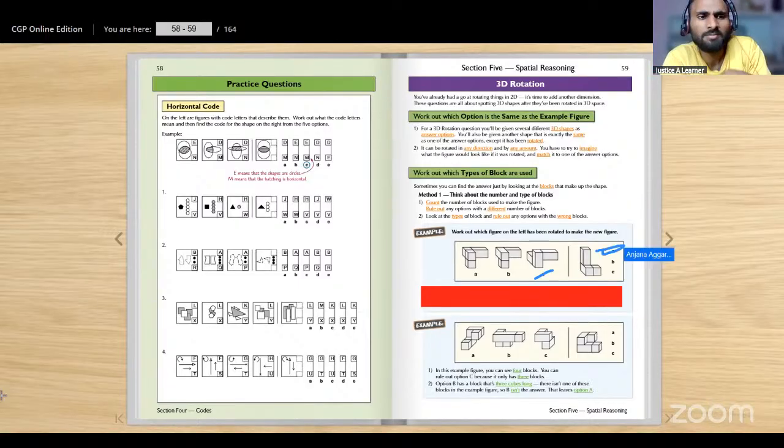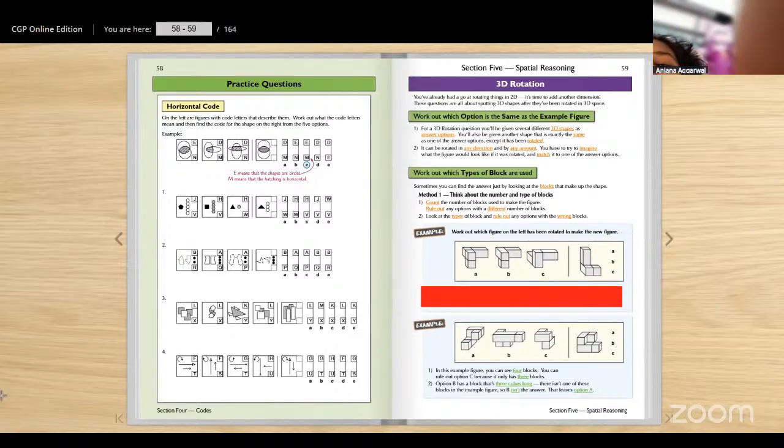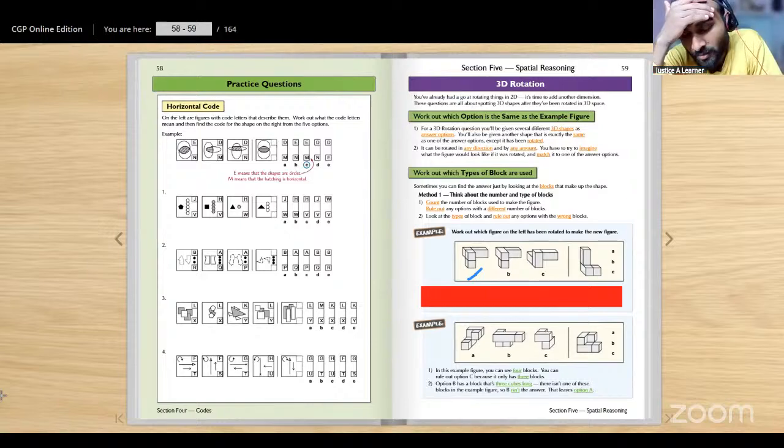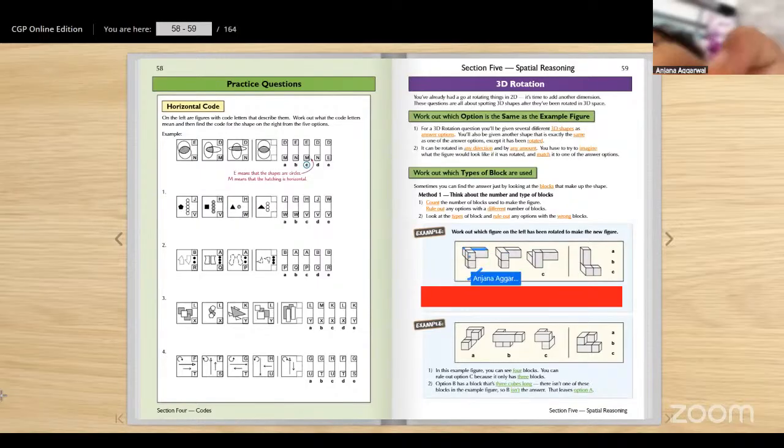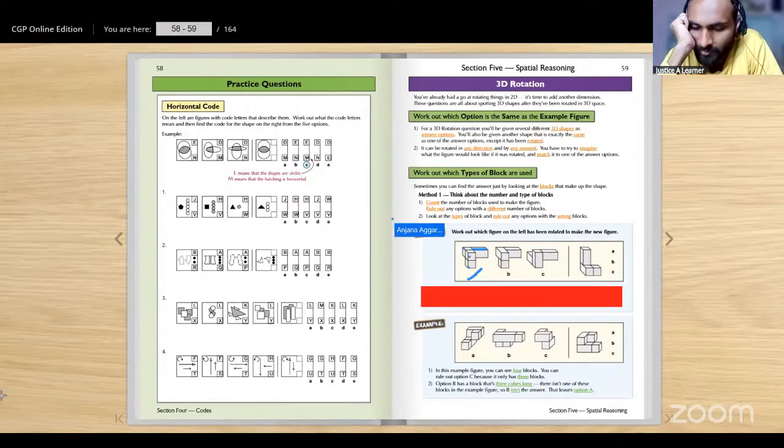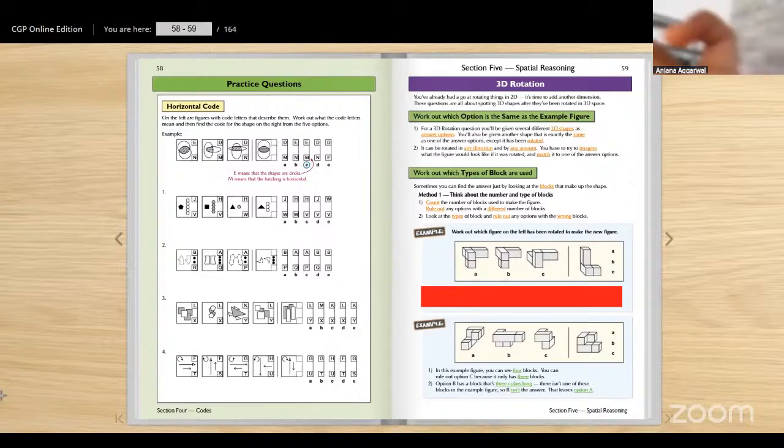Count the blocks. How many blocks are there in A? A has one, two, three, four. A has four blocks. What about B?